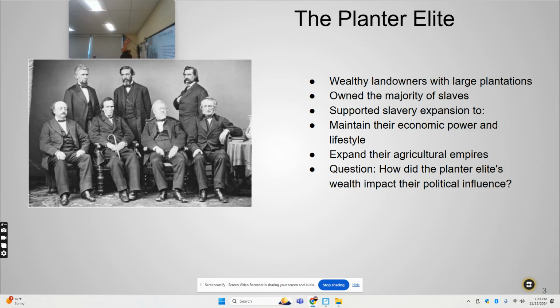Well, as planters are buying more land and becoming more powerful and taking their slaves west with them, what's happening in those western territories that are not yet states where slavery is allowed in the South? What stage is being set?